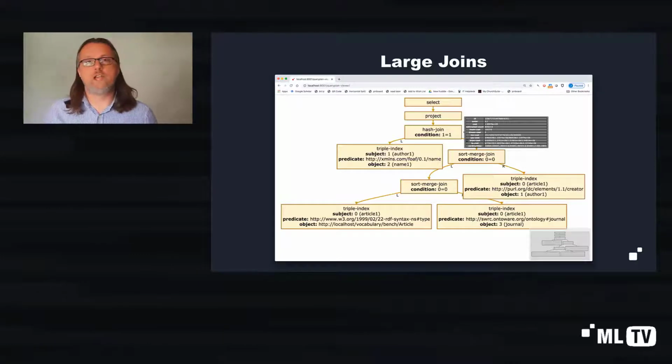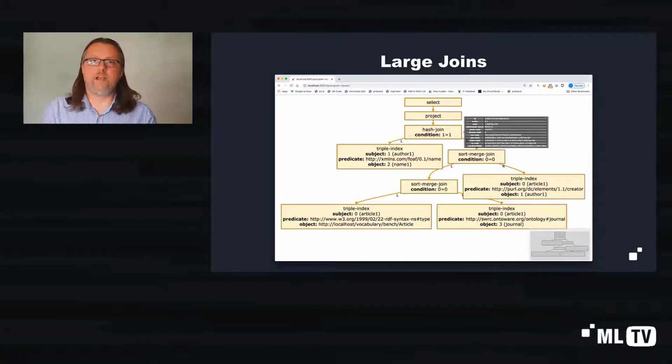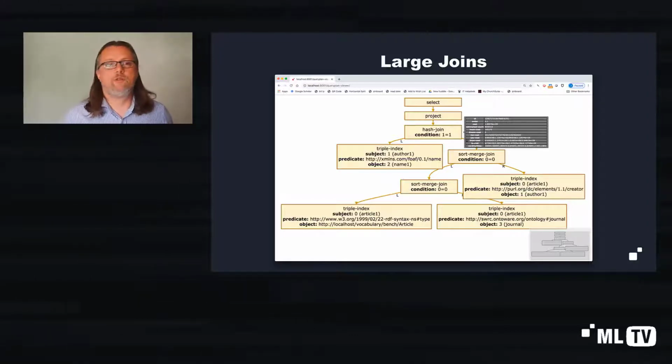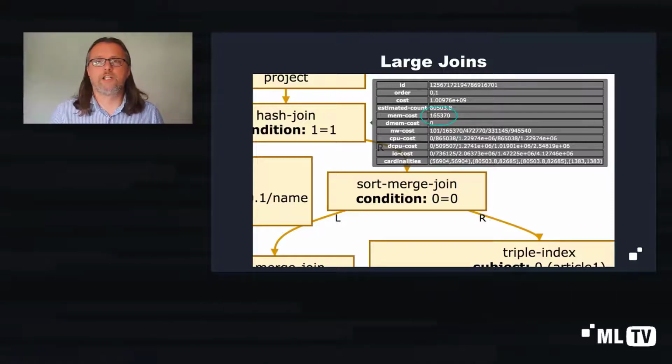Now another thing to look out for is large joins. Again, really talking about queries that are meant to produce a small result. If you see large joins, that could be a problem. Now, one way to look for that is to look into the costing information that's embedded in recent versions of MarkLogic.